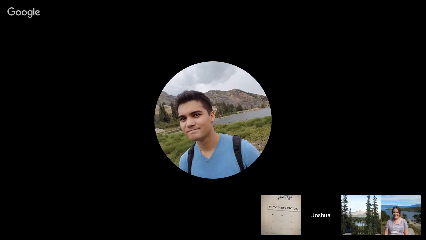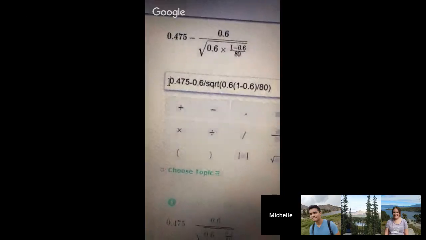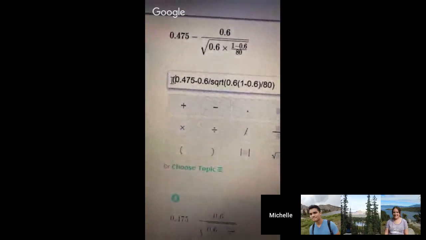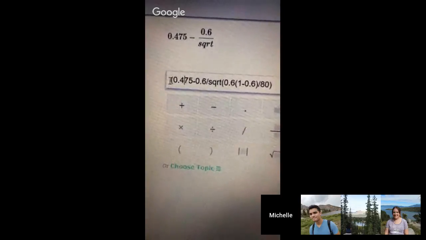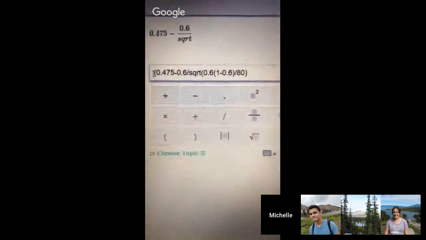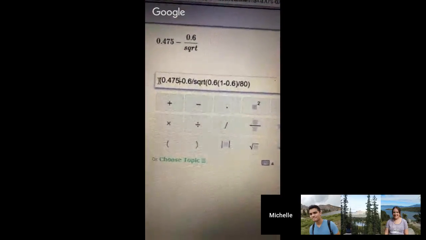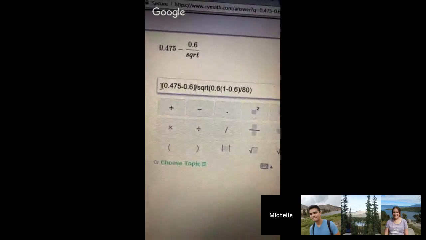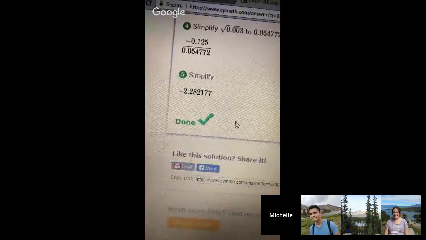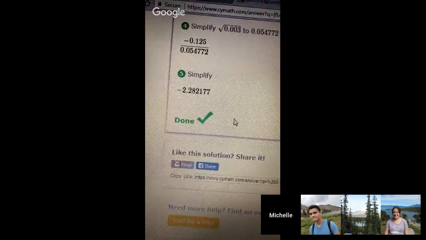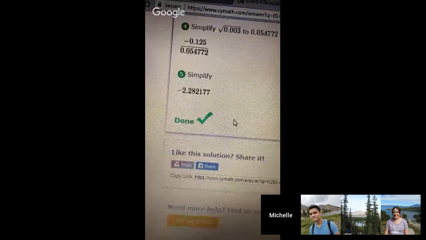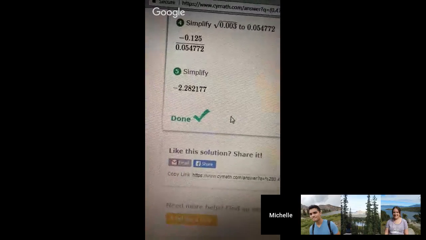You need to put parentheses around the 0.475 and the 0.6. Parentheses. Yeah, I don't like it. Okay, and then there needs to be, yep, negative 2.28.